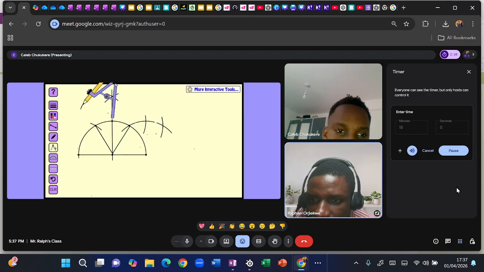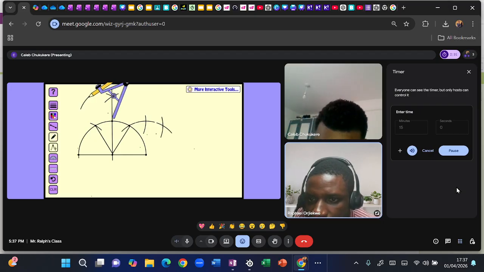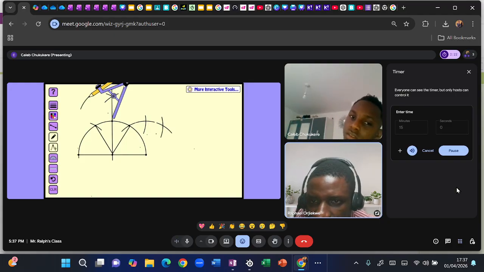Yeah, draw it. I think it should be able to cut now. Okay, still extend it a little bit. Pin the head and extend the arc a little bit.